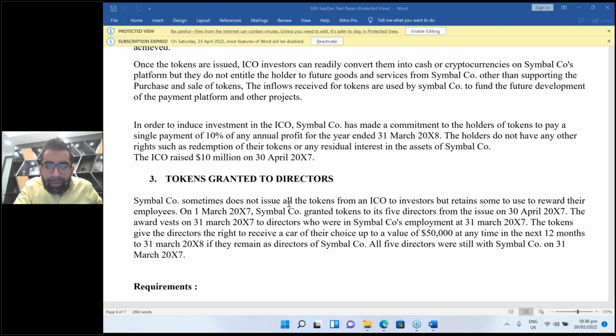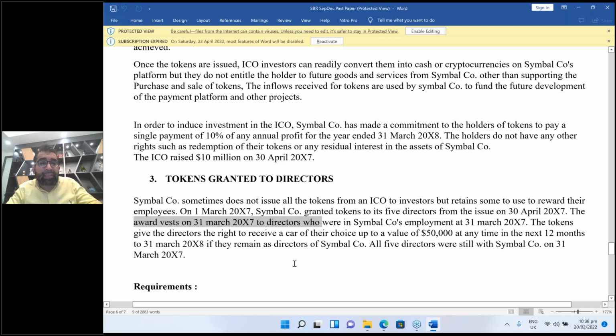Granted tokens to its five directors from the issue on 30th April X7. The award vests, read this line, wait. The award vests on 31st March X7 to directors who are in Symbol company's employment at 31st March X7.